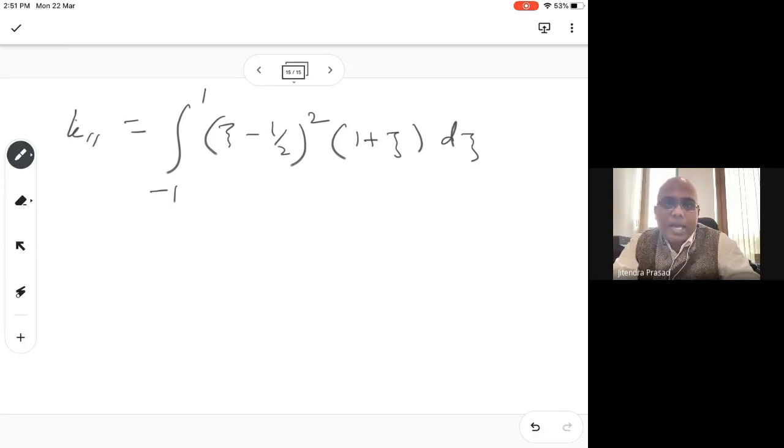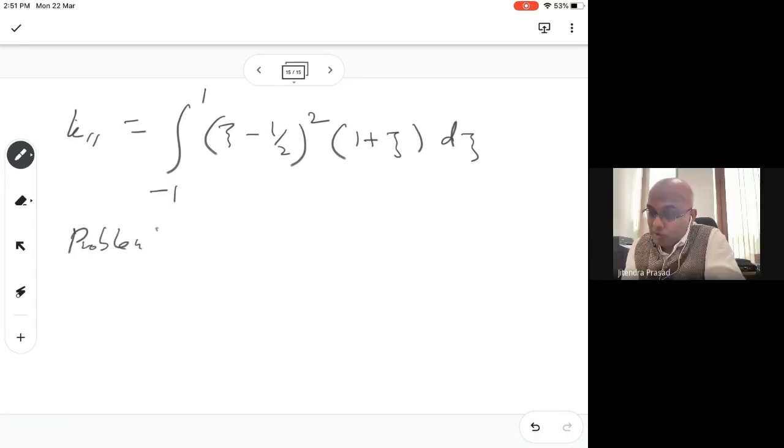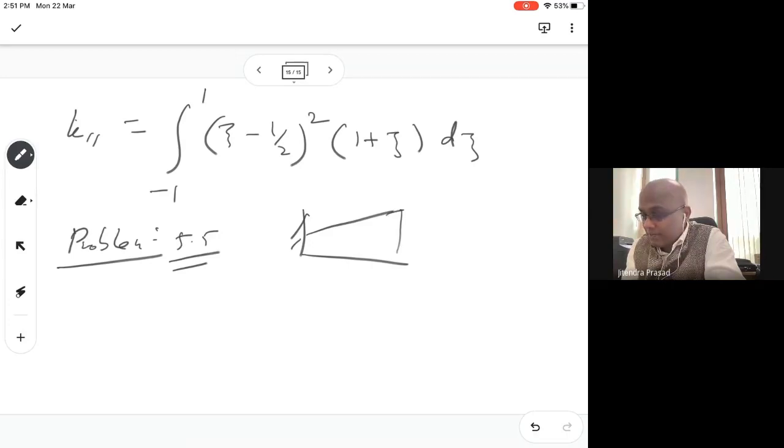So you are asking how to find K13, right? Yes, sir, exactly. So problem 5.5 looks something like this. You have one tapered end and then a constant end.